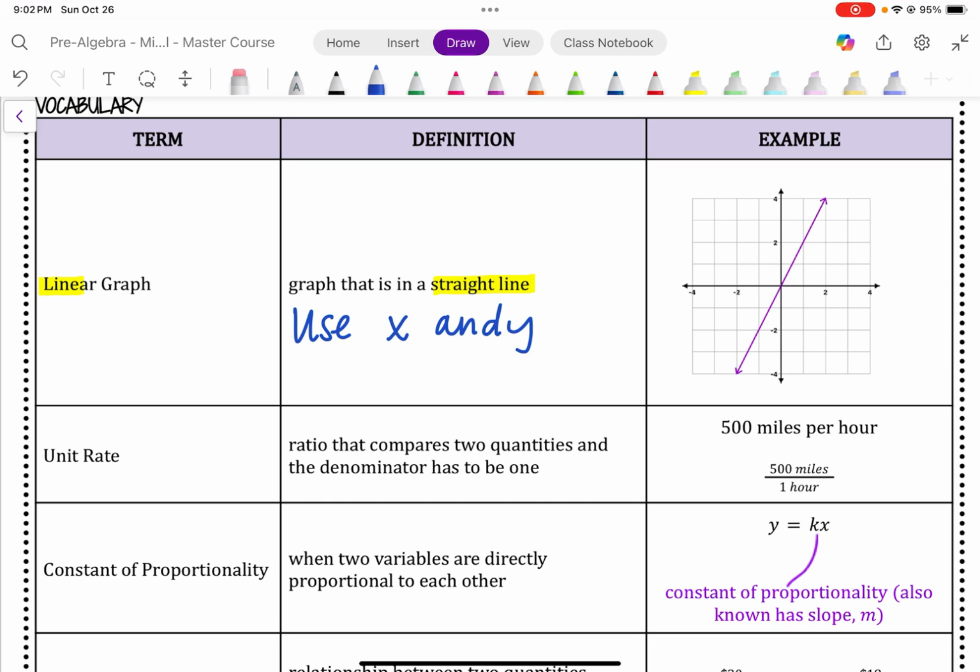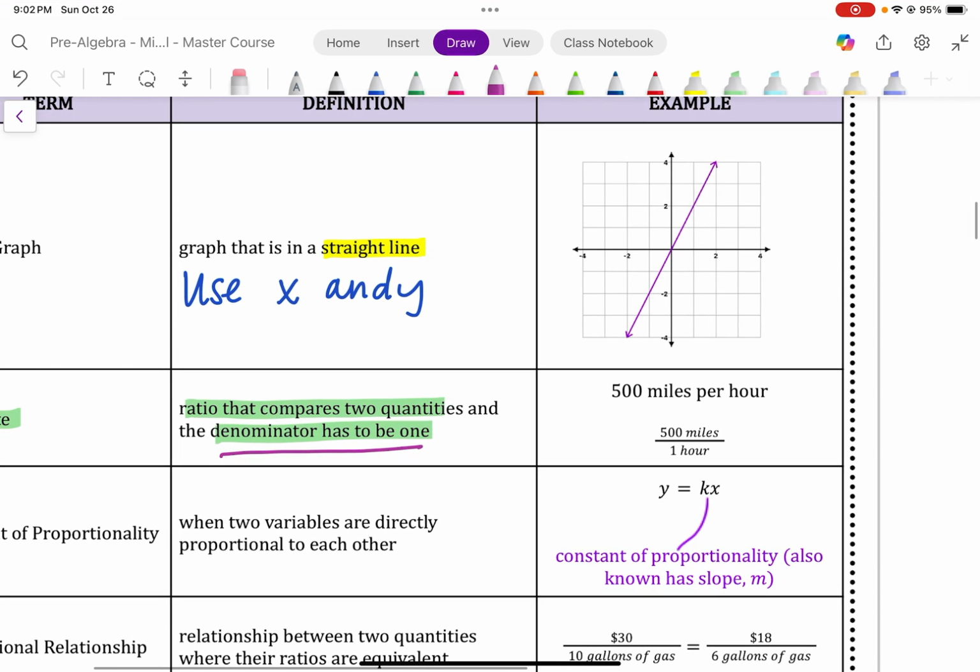The unit rate is a ratio that compares two quantities, and the denominator has to be 1. So 500 miles per hour, that might be how fast an airplane travels, but notice that it's 1 hour.